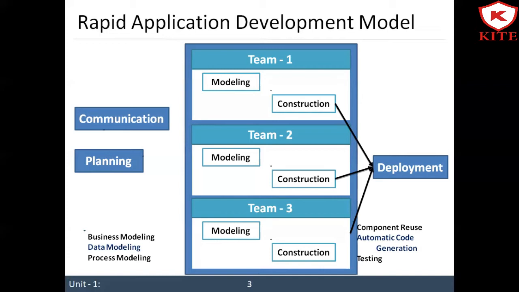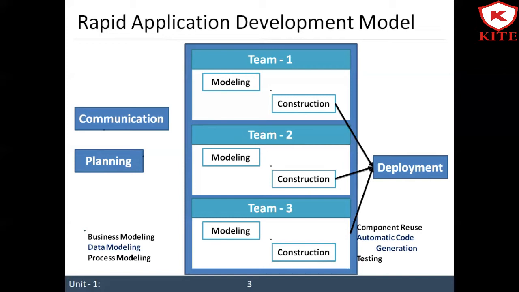Like other process models, the rapid application development approach maps into the generic framework activities presented here. So there are mainly five types of activities involved in the rapid application development model. As I have told you earlier, what are the activities? First one is communication. Second is planning.